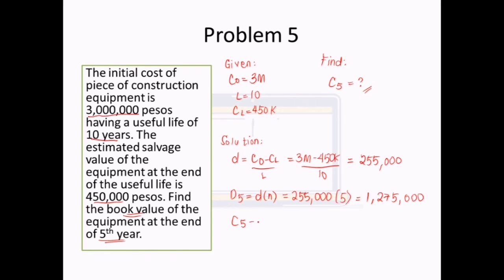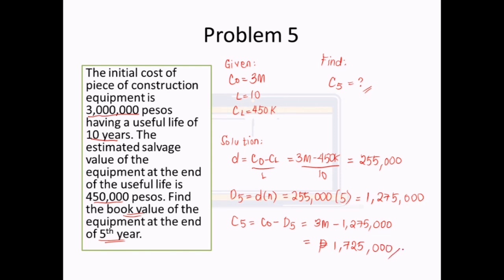So the remaining value, or the book value, is simply C sub 5 is equal to C sub 0 minus D sub 5. So our initial cost of 3 million pesos subtracted with the total depreciation of 1,275,000 will be left with a book value of 1,725,000 pesos.